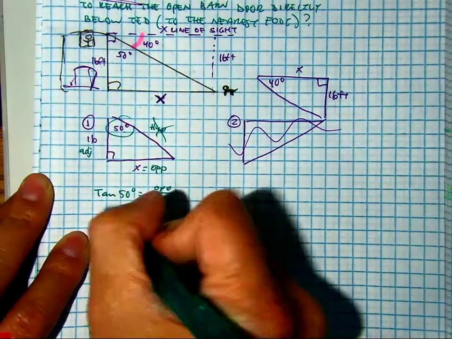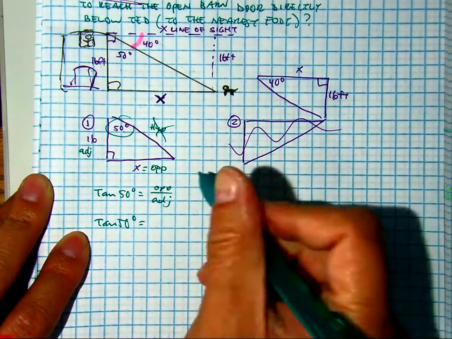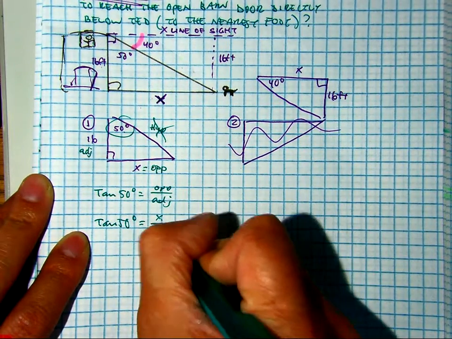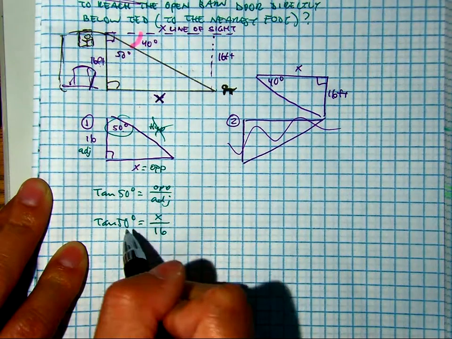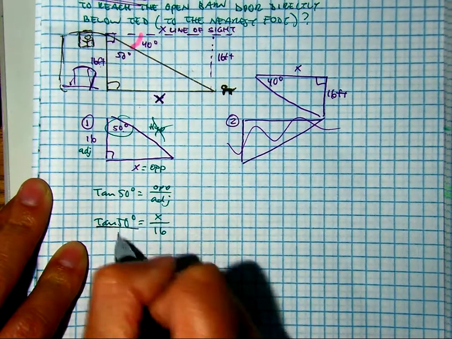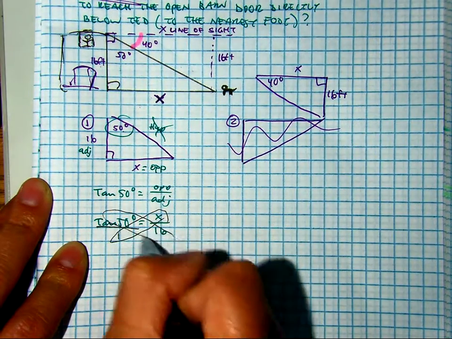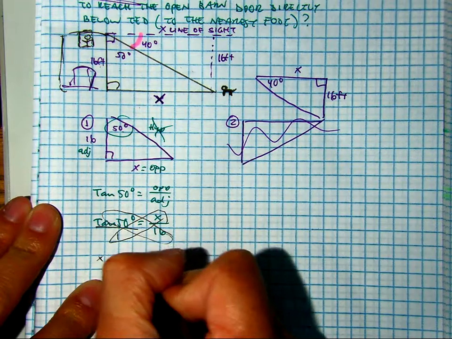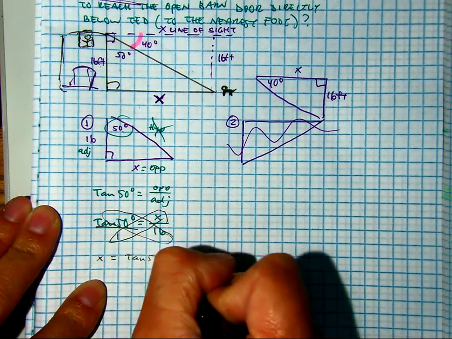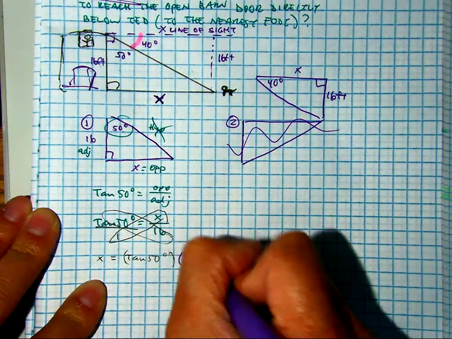Therefore, that's going to be tangent of 50 equals x over 16. To solve for x, you're going to cross multiply. Remember, inverse talks about solving for an angle, so I'm going to have x equals tangent of 50 times 16, my calculator-ready equation.